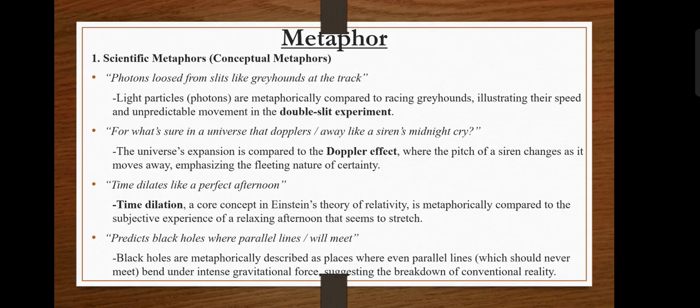Next comes metaphor. So what is a metaphor? A metaphor is when one thing is compared to another without using like or as. In similes, we say it is a direct comparison.